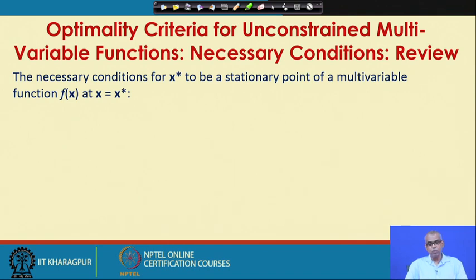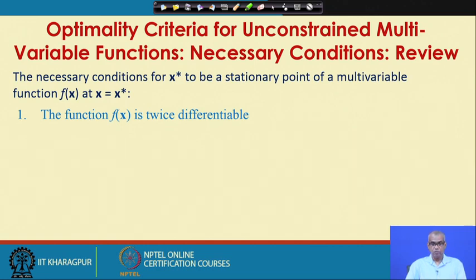The necessary conditions for x star to be a stationary point of a multivariable function f(x) at x equal to x star are as follows. The function f(x) has to be twice differentiable, so that you can have information of del f del x at x star as well as del square f del x square at x star.